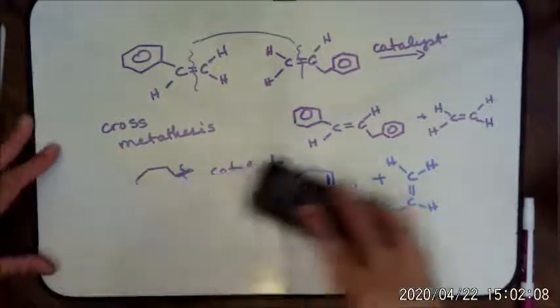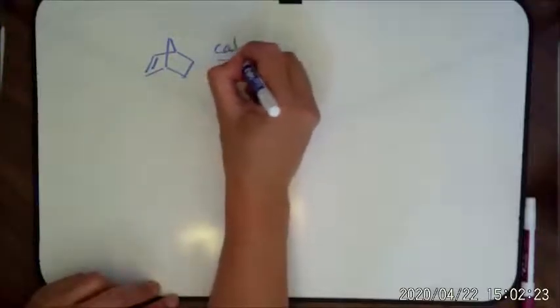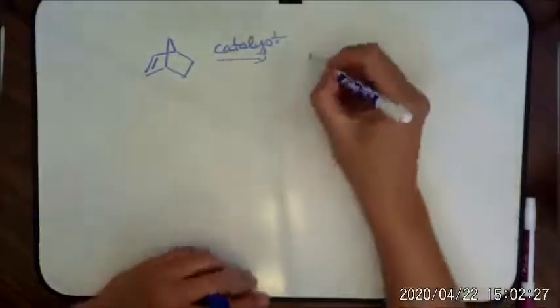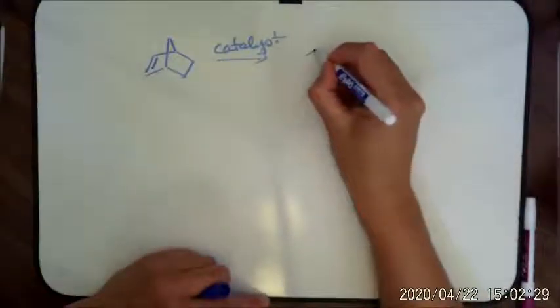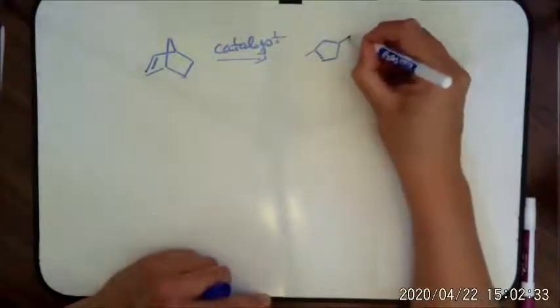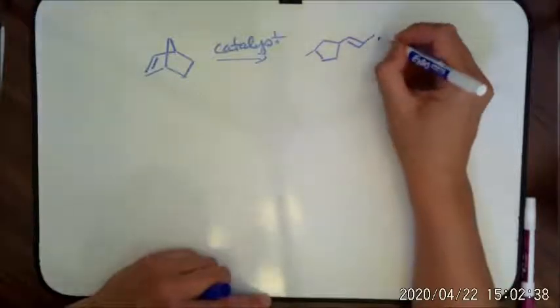So let me give you the norbornene example. This is called norbornene. I'm going to use my catalyst. Okay? What's going to happen is you open up your ring. Okay? Good.